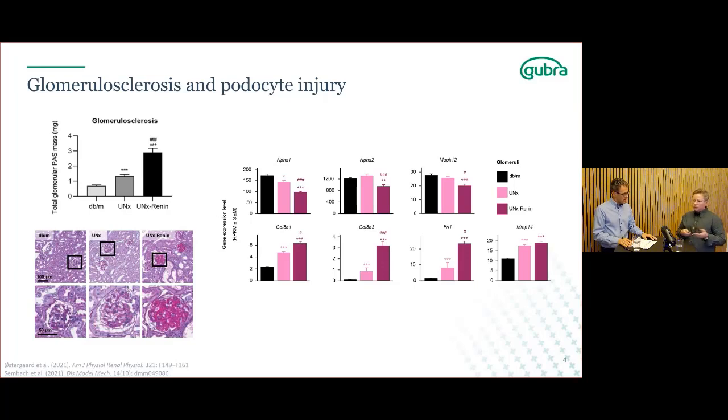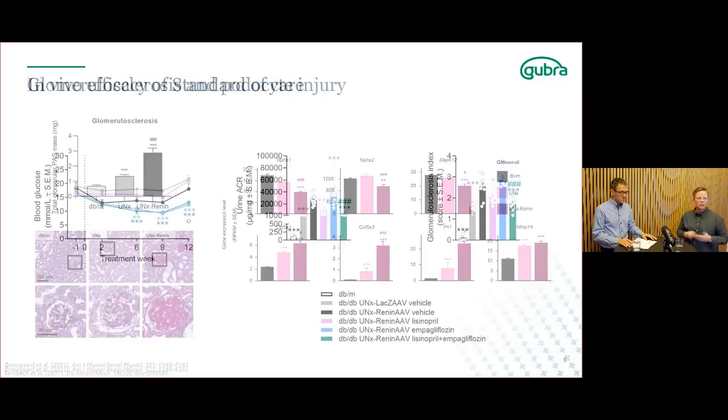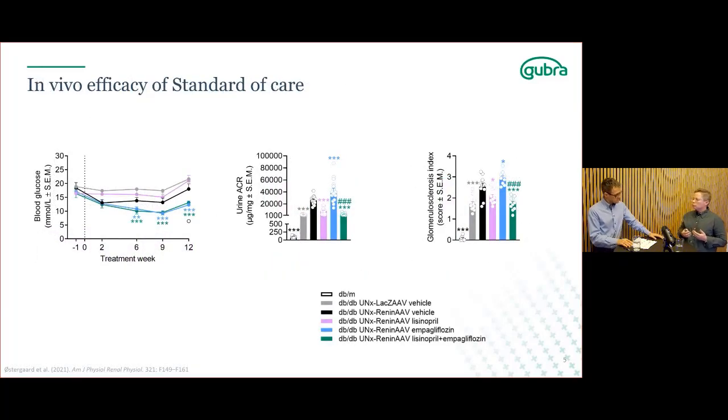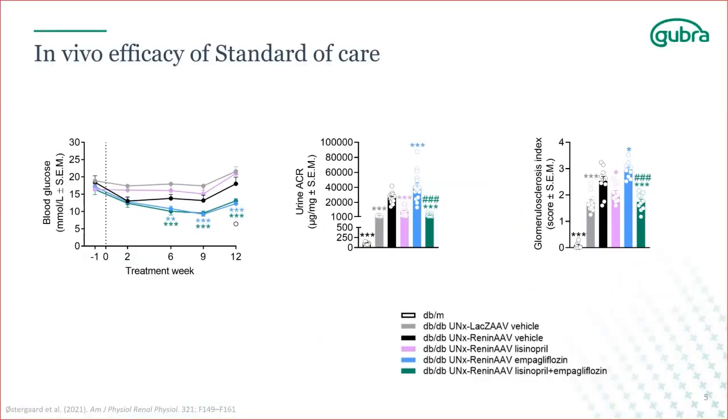Yeah, and so we did take that next step, and the next step is obviously to validate it using chronic treatment with standard of care, and that's what we've done in a study where we, in the renin UNX-DBDB mice, did a period of 12 weeks of chronic dosing with 2 standard of cares, one being an ACE inhibitor, lisinopril here, and the other one is an SGLT2 inhibitor, empagliflozin. We did treatment with these compounds for 12 weeks, either as monotreatments or as combination treatments.